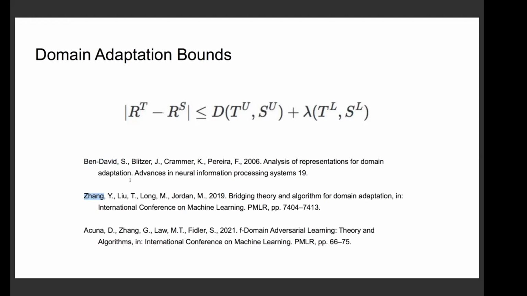So it was a notable generalization. And Acuna later generalized the same bound. The bound doesn't change, we just generalize it to other cases. Acuna provided the same bound, but with the divergence coming from F divergence.